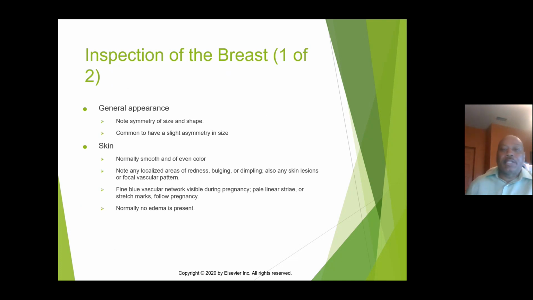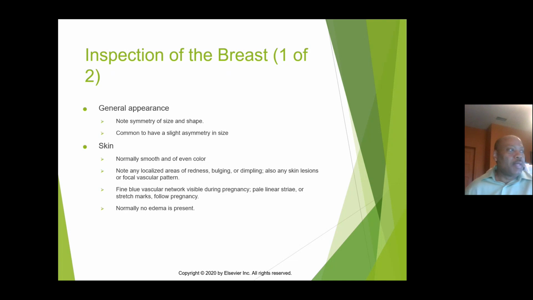All right, so inspection is one of the initial skills that we would employ, and this information can be found on page 386. I want you to take a look at what is normal, and also the abnormal findings you'll see in a kind of a table, right?